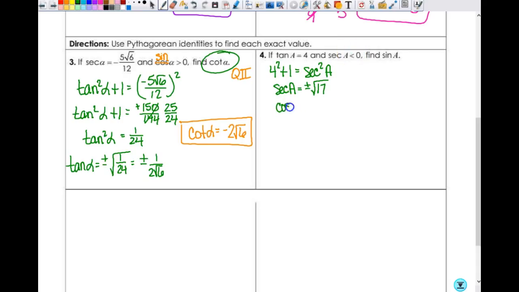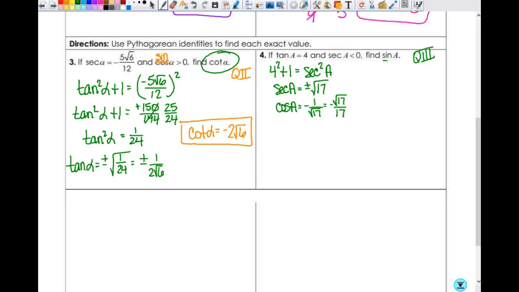So the cosine of a is equal to negative 1 over the square root of 17, which is negative square root of 17 over 17. Just go ahead and make it like that. And so that means if tangent is positive and cosine is negative, I'm in quadrant 3, which means your sine is also going to be negative.